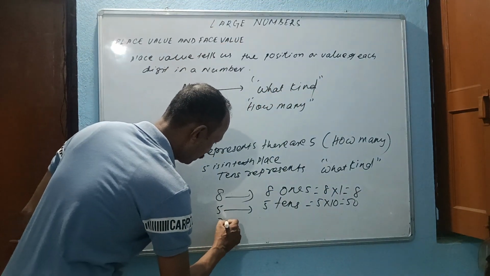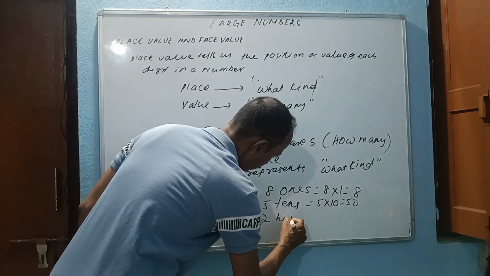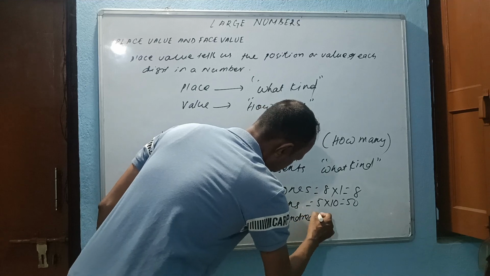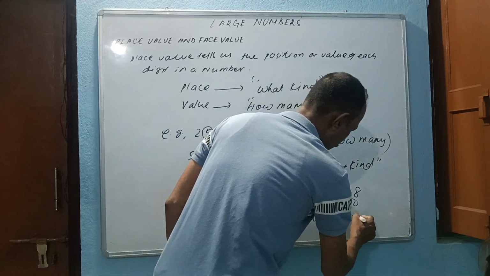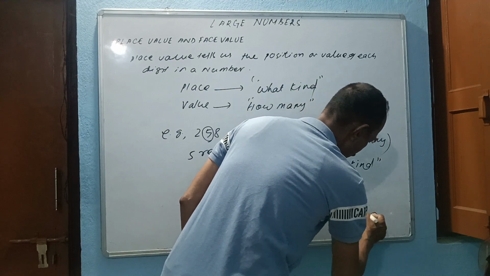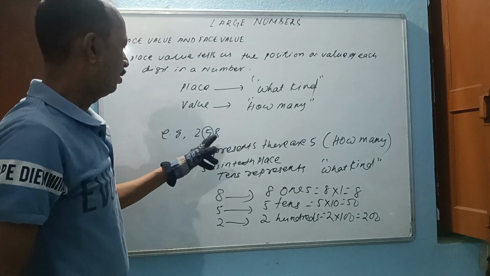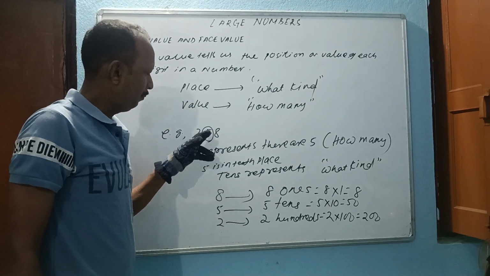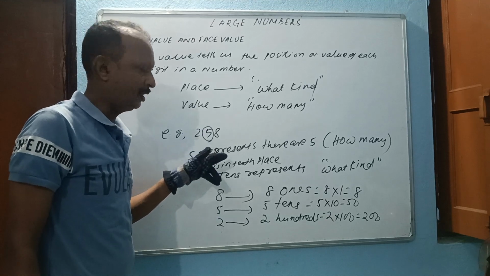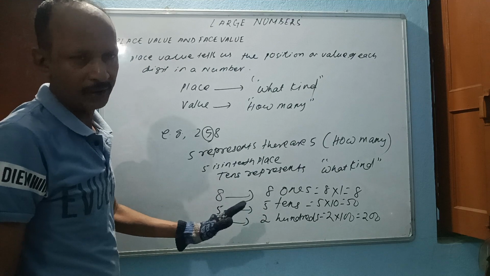Similarly, 2 is in hundreds place, so 2 hundreds means 2 into 100 is equal to 200. So the place value of 8 is 8. Place value of 5 is 50. The place value of 2 is 200.